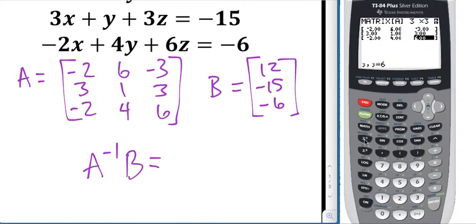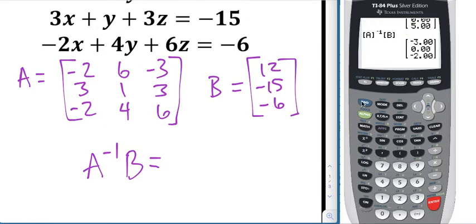So now we're going to jump back in. We're going to go edit matrix B. Still a 3 by 1, 12, -15, and -6. All right. So now we're going to do A inverse B, and if your calculator has the ability to go up, you can just reselect A inverse B and press enter.